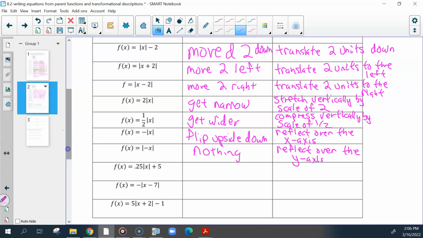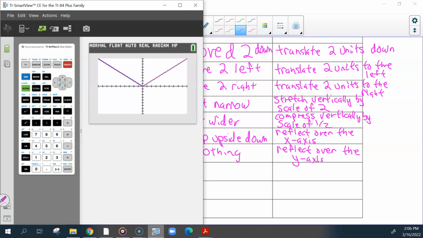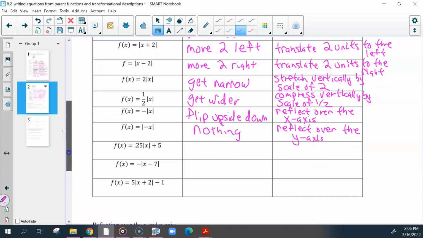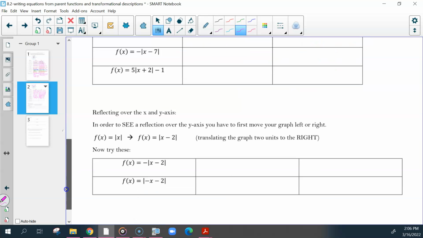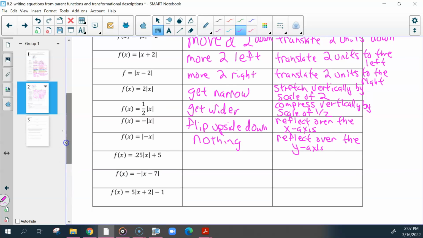So you're probably wondering, how do you see that? We're going to talk about that here in a second, but imagine that there's a mirror on your y-axis, and you're flipping it over that. It would fall into this, which is why the change was really nothing. We'll talk about why that is here in a second.